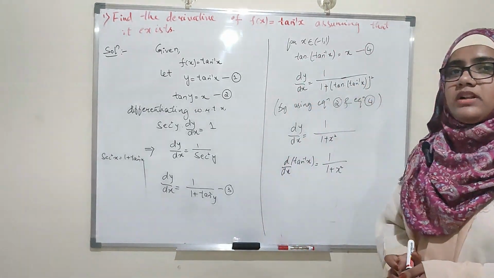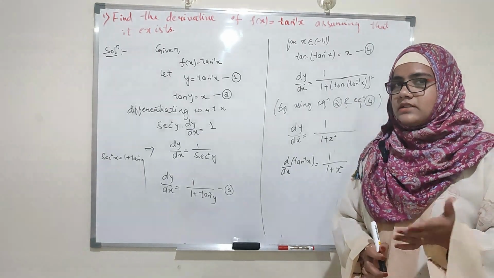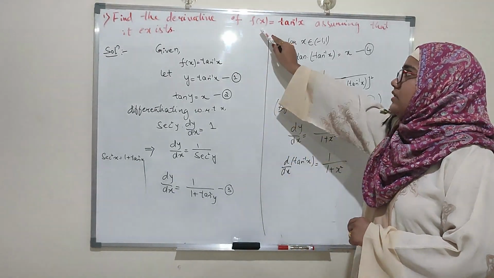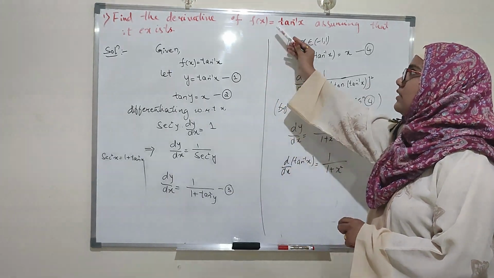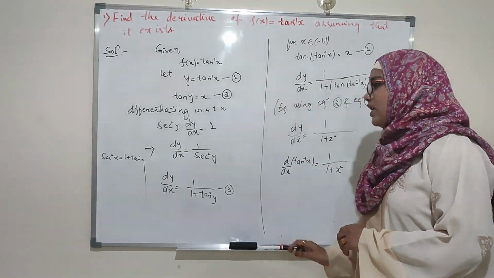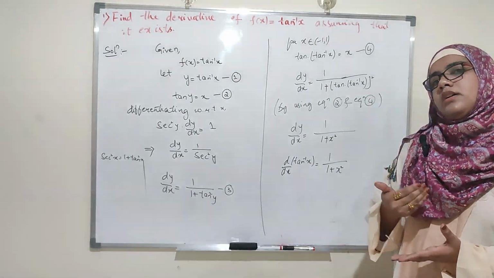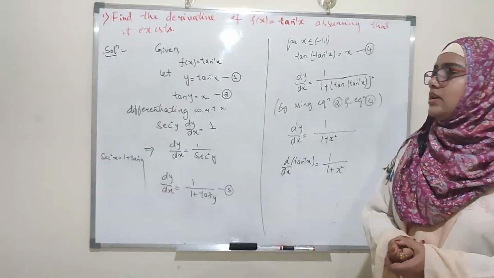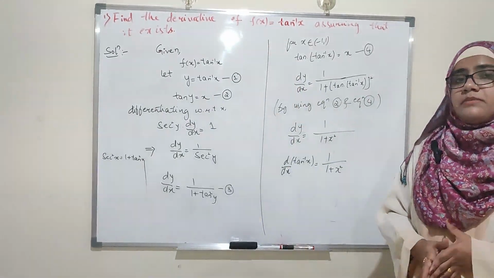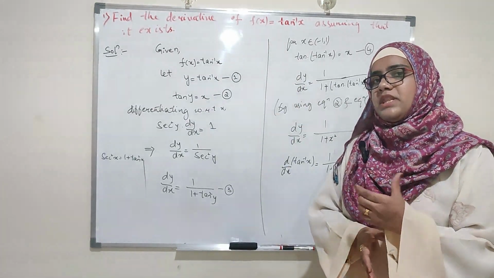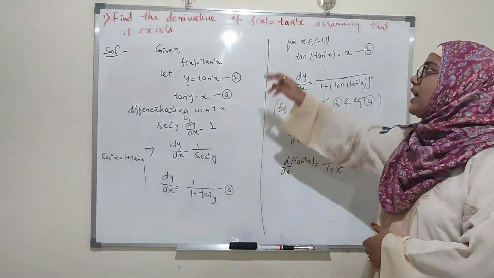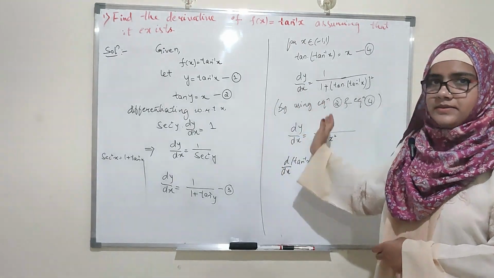In the first example, we saw how to differentiate sin inverse of x. In the second, we derived the differentiation of tan inverse of x. Similarly, you can try for cos inverse of x by the same method, since we know how to find the differentiation of sin inverse.